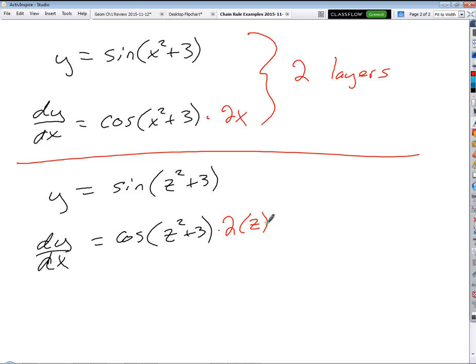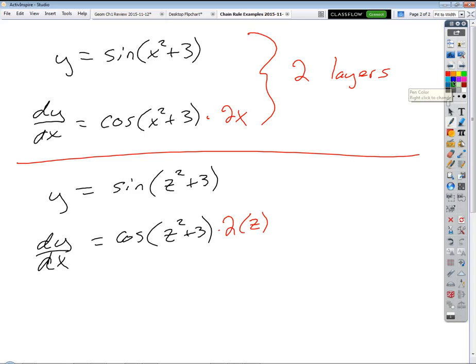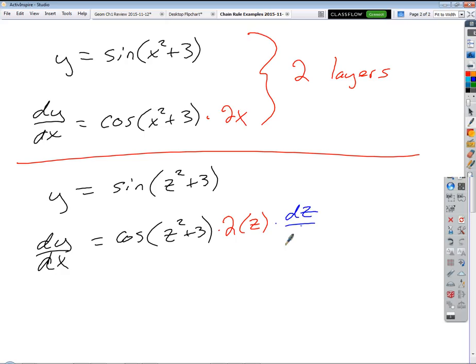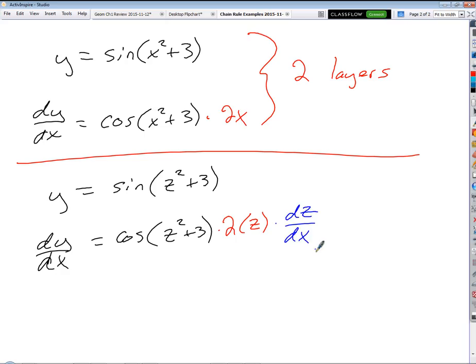But now I need another layer. Because now if I look inside that one, what's the derivative of z with respect to x? dz/dx, right? We don't know what that is, but it's something, right?